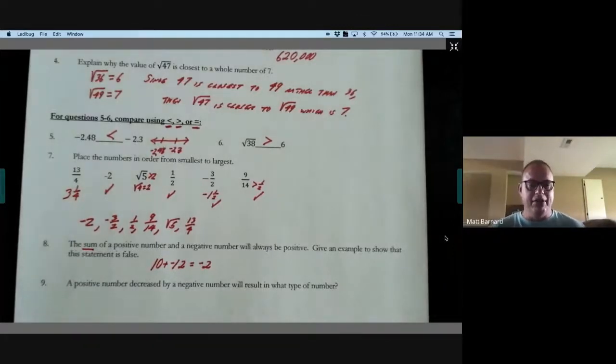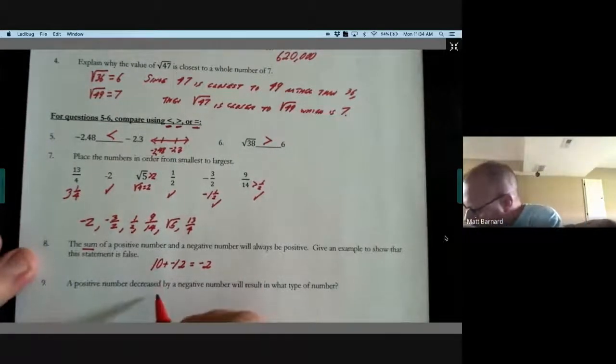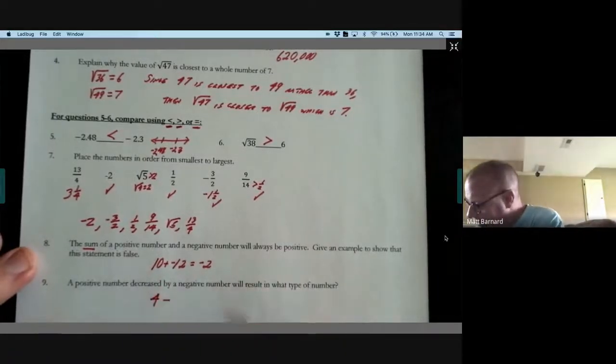Finally, a positive number decreased by a negative number will result in what type of number? Well, let's think about this. Let's give a situation. A positive number like let's say 4. Decrease means to subtract by a negative number like -3.